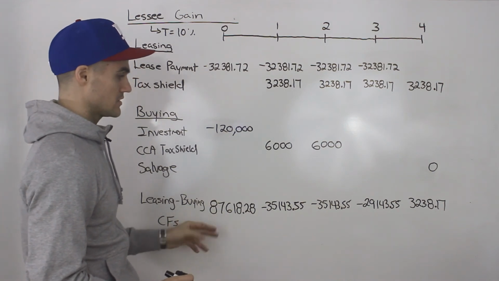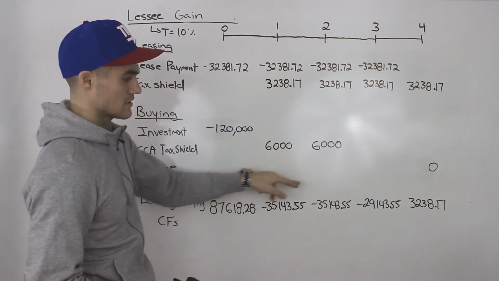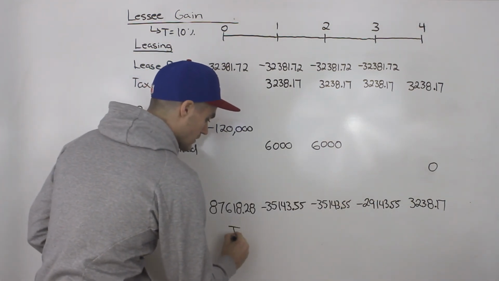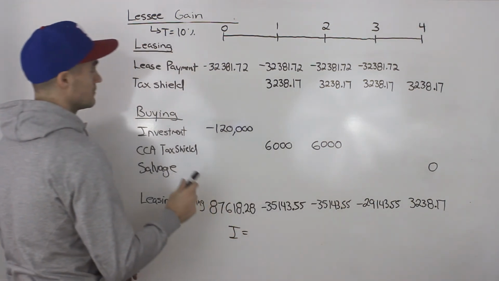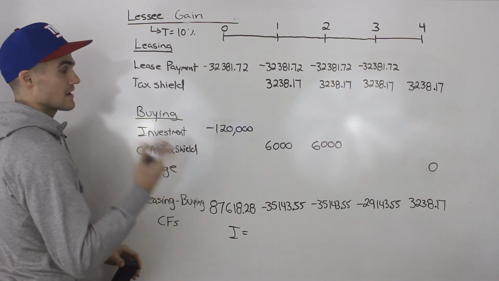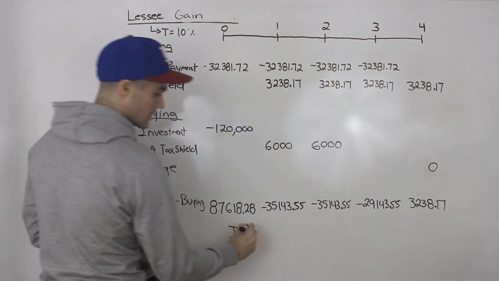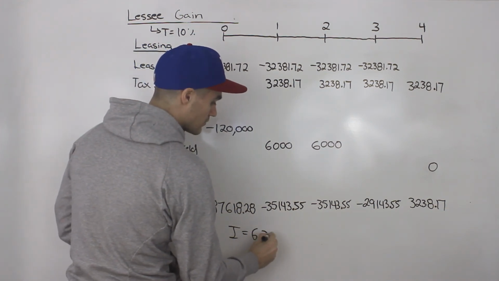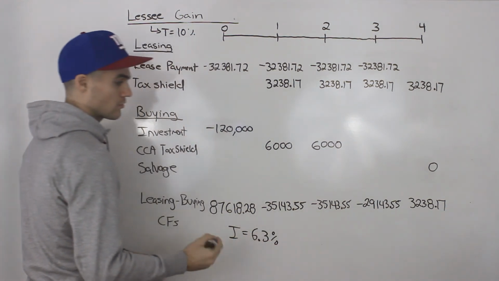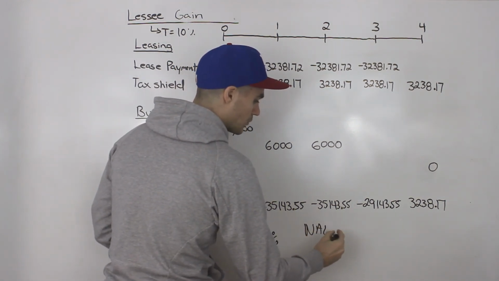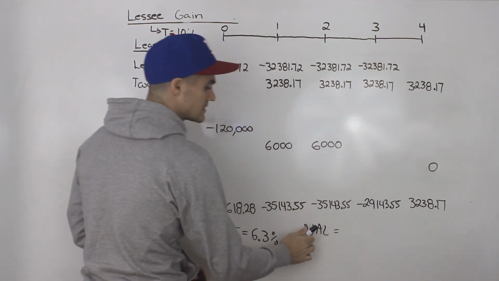And then you can input these in your financial calculator, CF0, CF1, CF2, CF3, CF4. And then the interest rate that you input is going to be the 7% times 1 minus 0.1. The tax rate changed, so the interest rate you're going to be using is 6.3%. And then you calculate that NPV, and that will give you the net advantage to leasing.